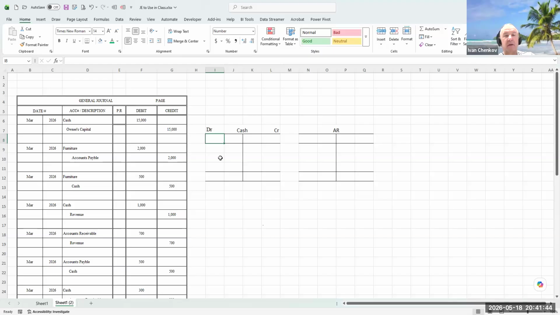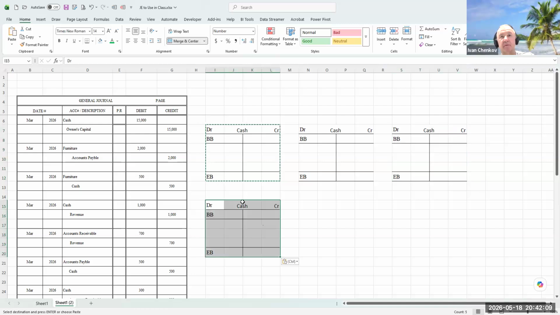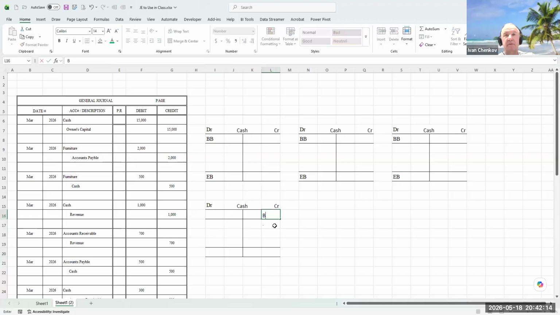I need here beginning balance and I need here ending balance. Now I can multiply this information, once and twice, for furniture. Then I need accounts payable, where the beginning balance is on this side and the ending balance is on this side.